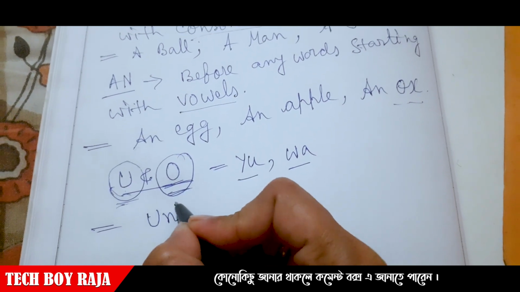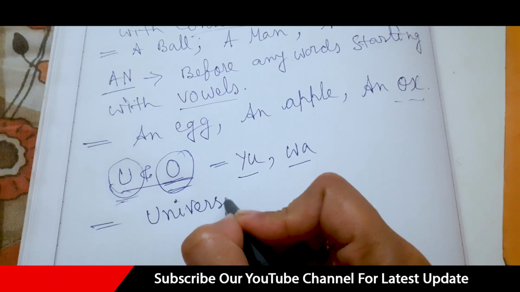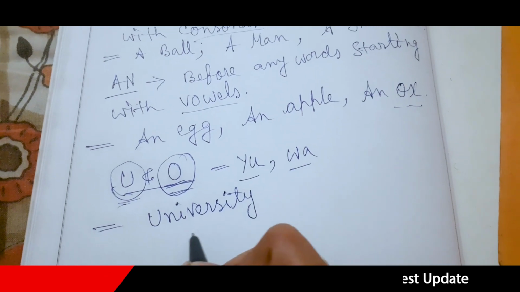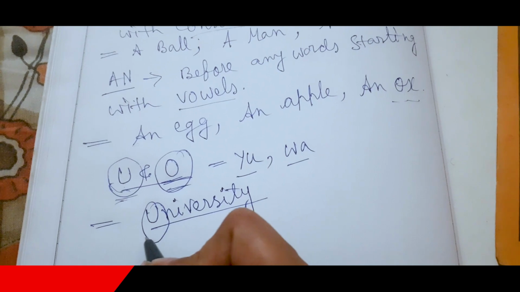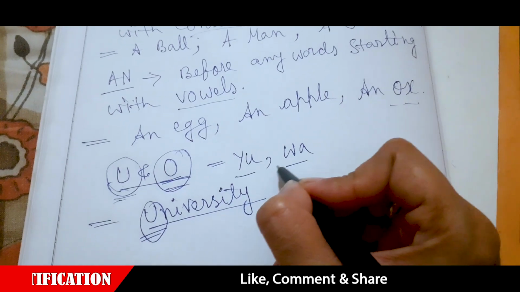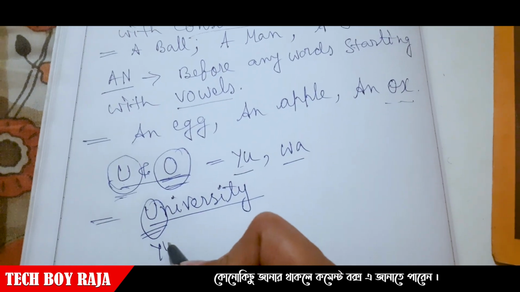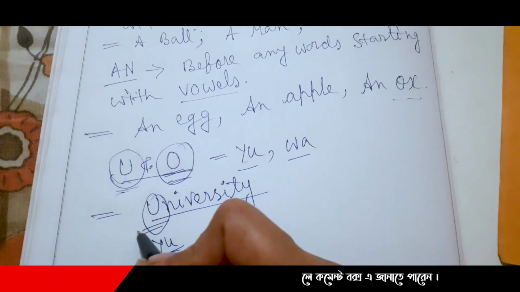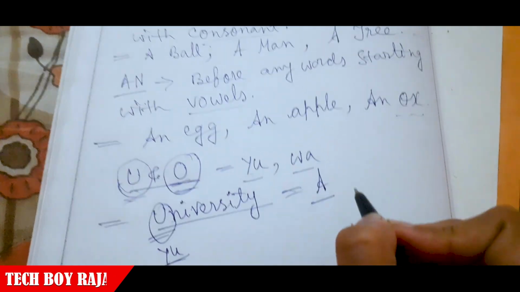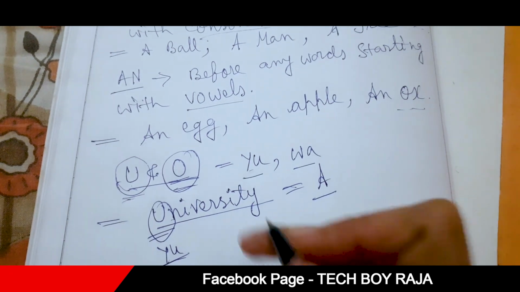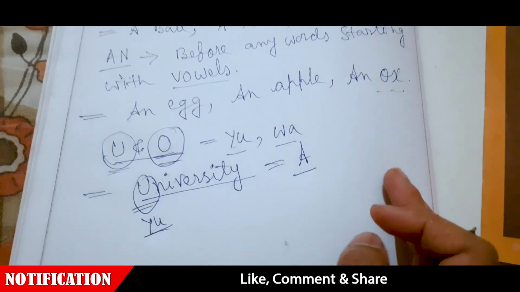See, university. The very word is starting with U, and here in university the pronunciation yu is coming. So before this there will be a, not an, because of this pronunciation only.